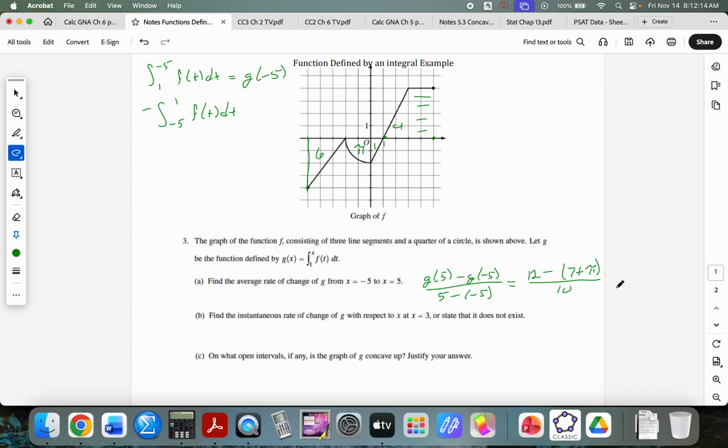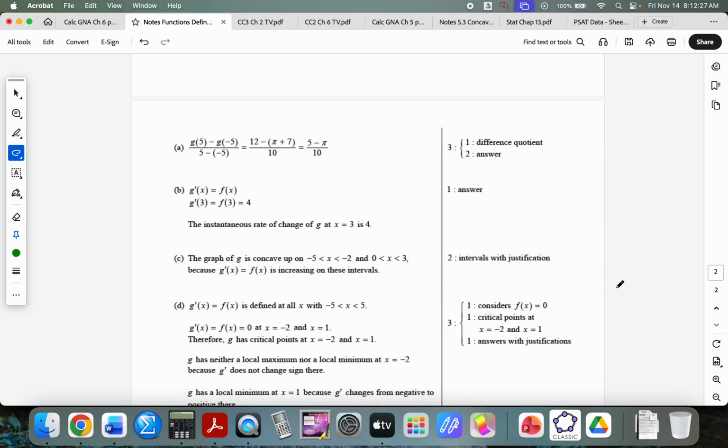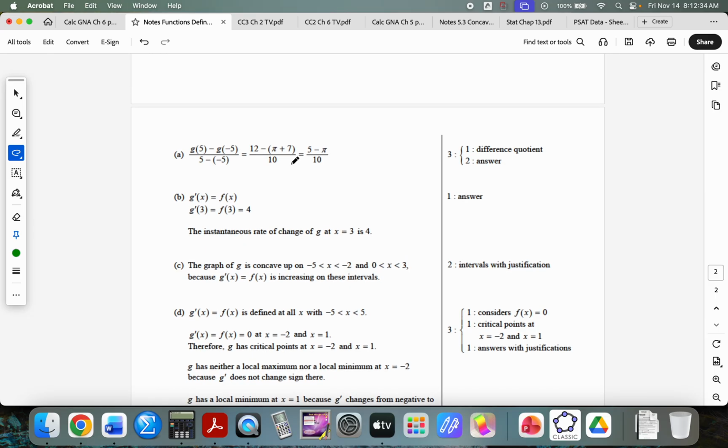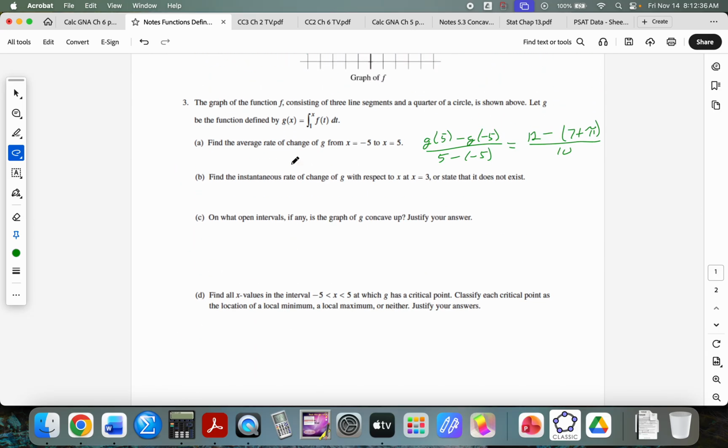By the way, this is a free response question on an AP exam. So how much simplifying should I do? None. All right, let's check to make sure that we have that right. 12 minus pi plus 7 over 10. Okay, cool.